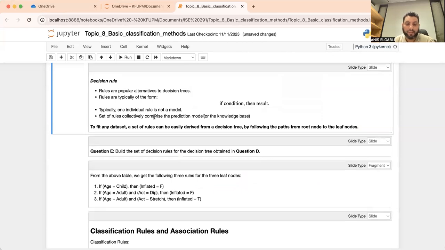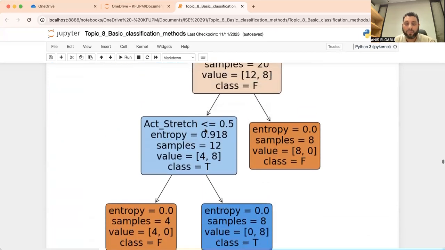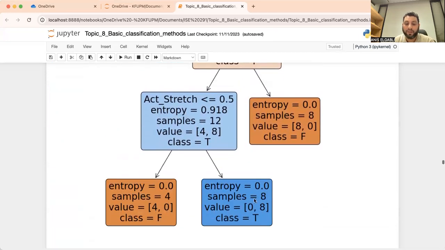One individual rule is not a model. The model is actually a set of rules. These rules are derived from the decision tree by following the paths from the root node all the way to the leaf nodes. For every leaf node, there is a rule.